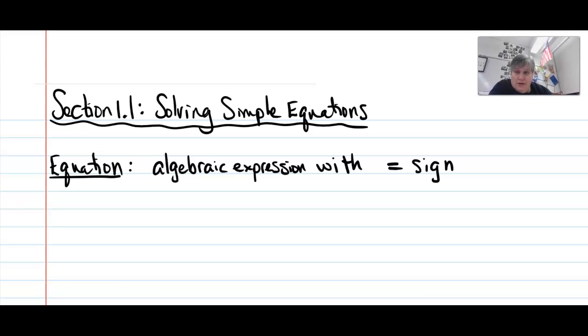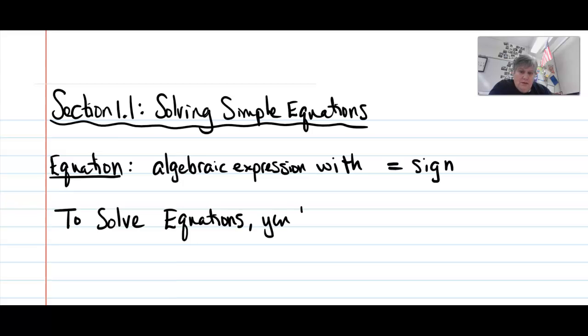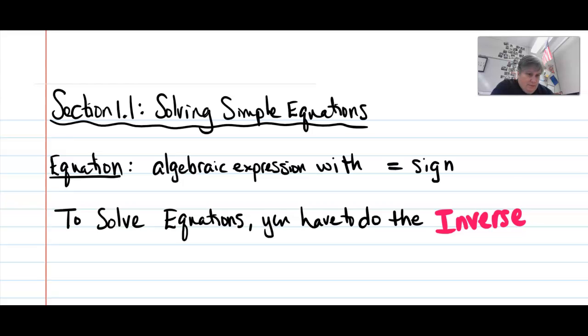I'm going to change colors. So to solve equations, you have to do inverse operation.